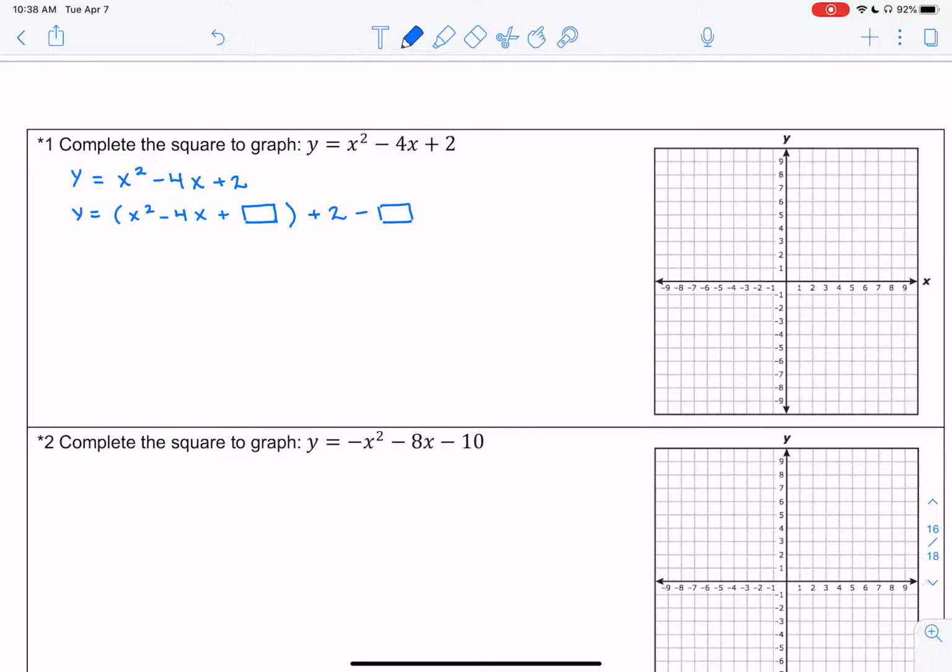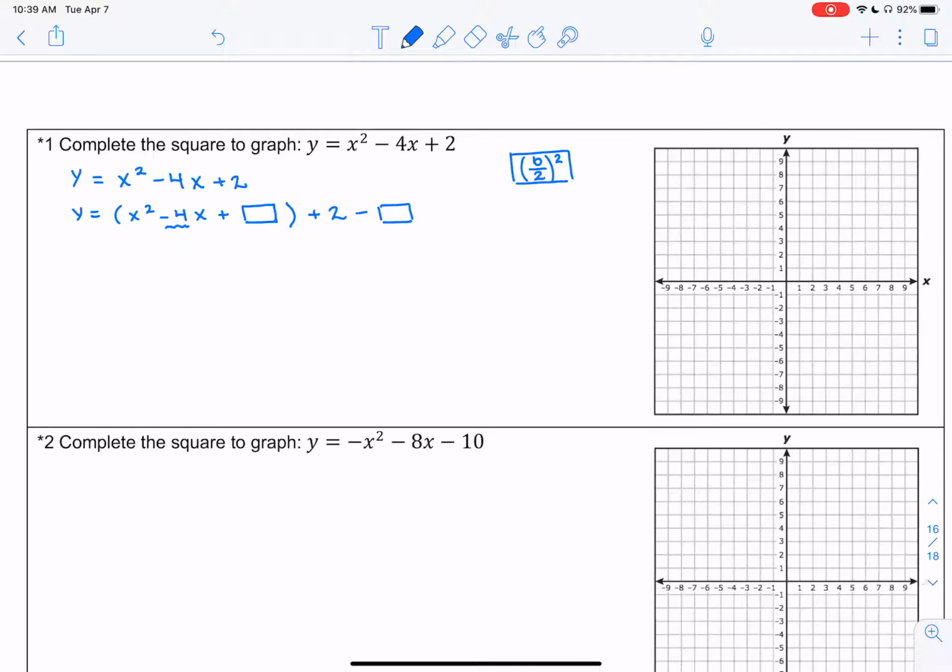And then please recall how we get that magic number inside the magic box. We take our b value and divide it by 2, and then we square that. So our b value is the number that's in front of the just x. In this case, it's negative 4. We divide that by 2, we get negative 2.